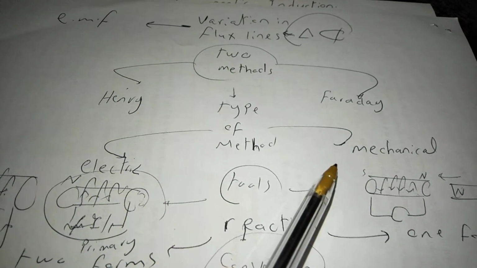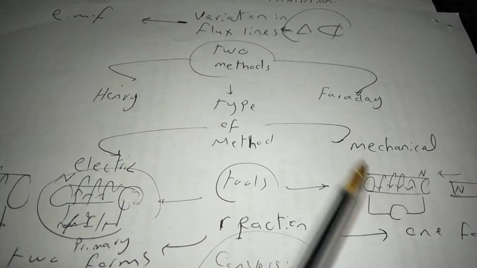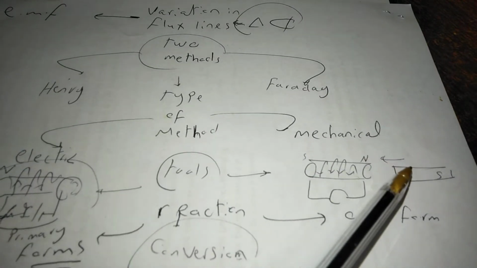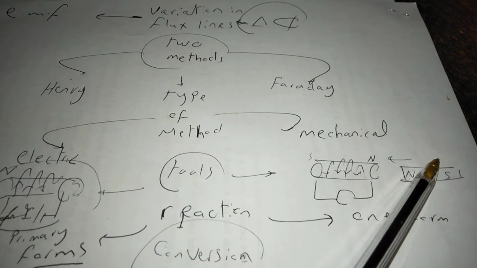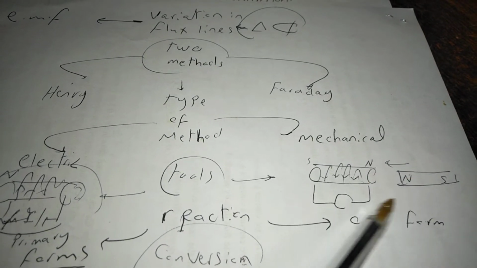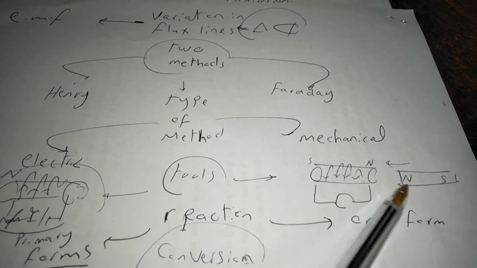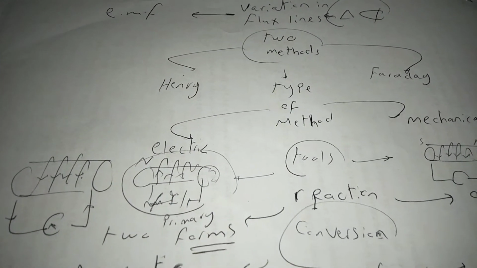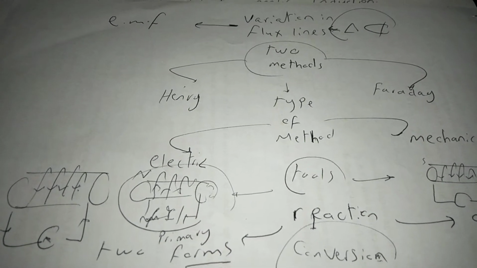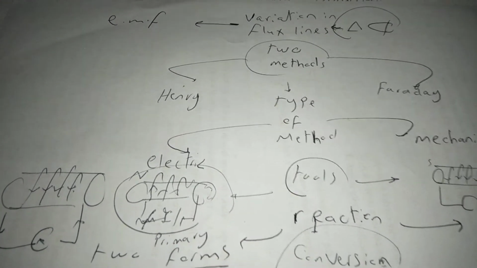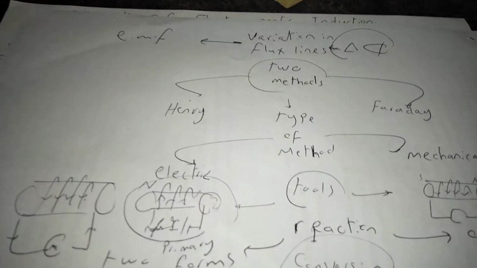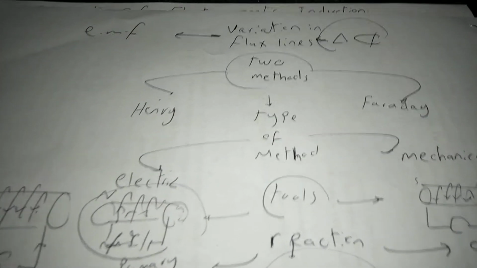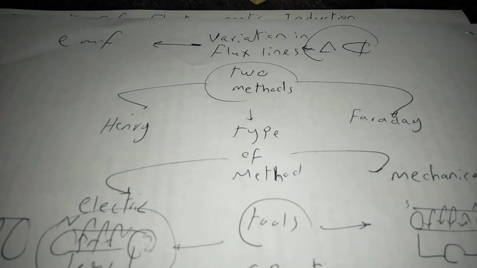The main difference is the original change of the idea. Here the original change is the flux lines in the Faraday method, while here the original change is the current passing through the coil of the primary circuit, known as the primary current. This is the main difference.